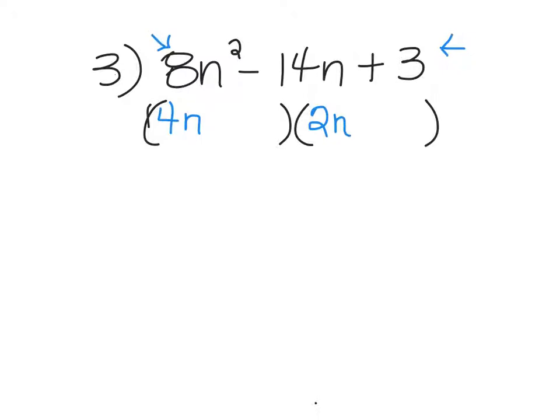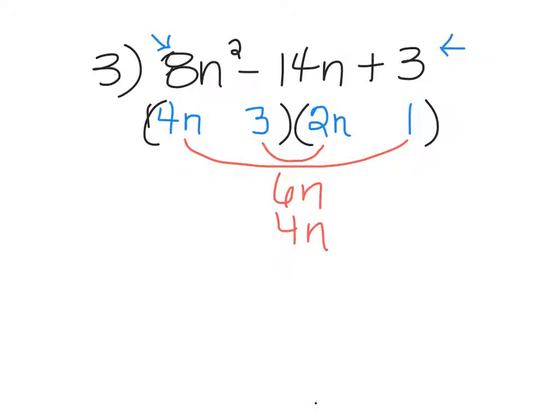So I'm going to just try them in either space. I'm going to put a 3 and a 1 here, and I'm going to see if that works. Okay, I'm trying to get a negative 14 in the middle. So I'm going to multiply these together. That's going to give me 6n, and I'm going to multiply these together. That's going to give me a 4n.